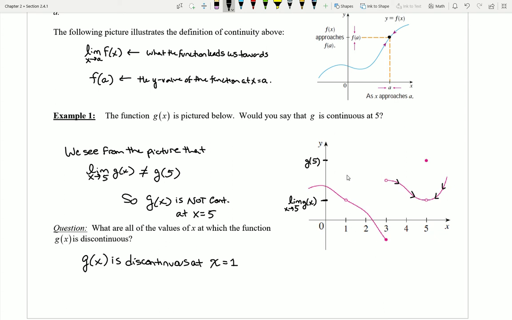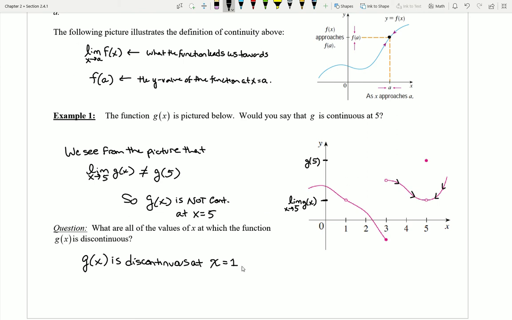But where is the dot? Where is the actual point for my function when x is 1? Well, we'll notice there is no point here. So that would mean that the left side here has some value, but the right side has no value, and so there's no way they could be equal. So x equals 1 is a problem. The graph's no longer connected there.